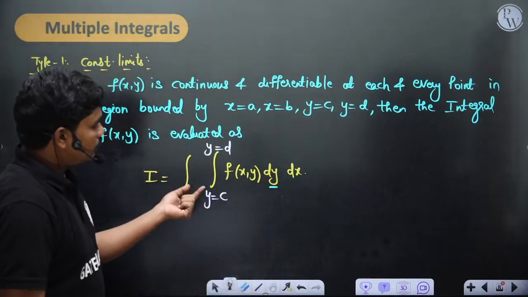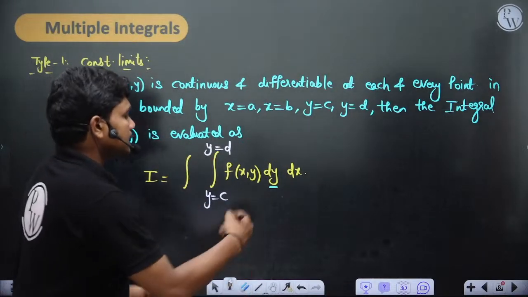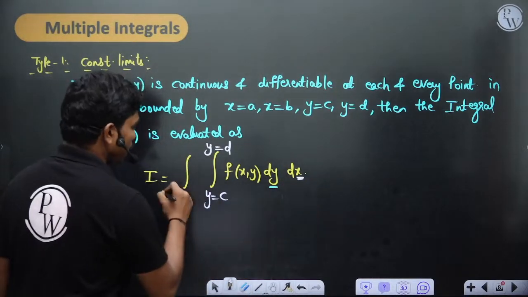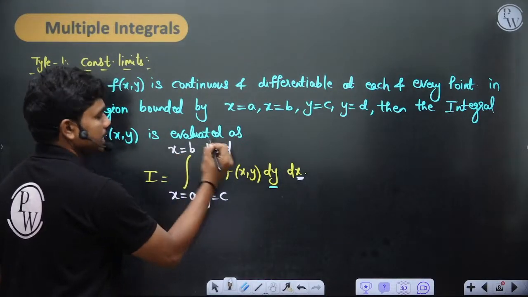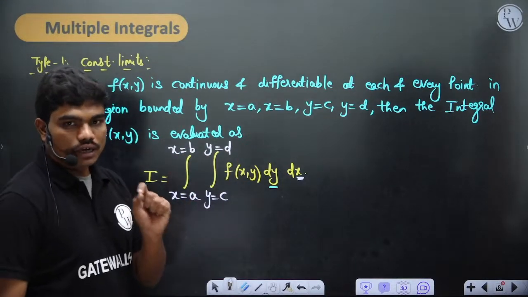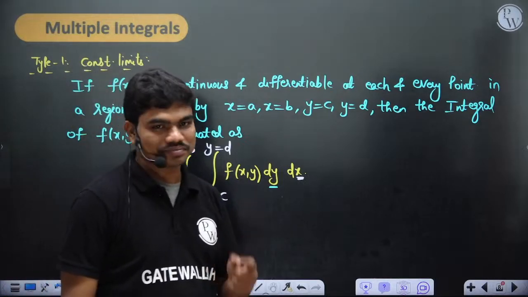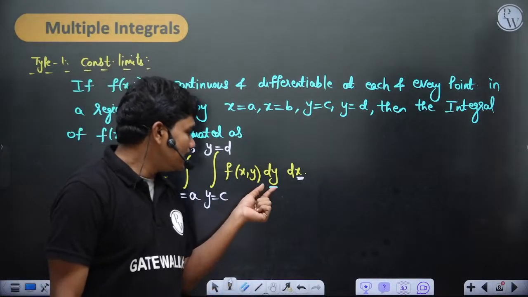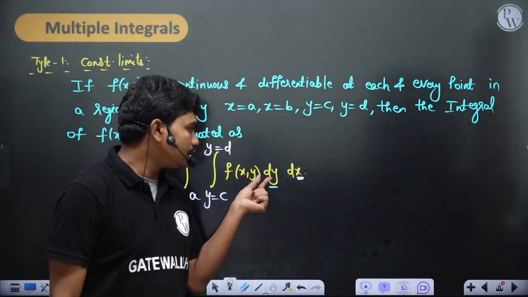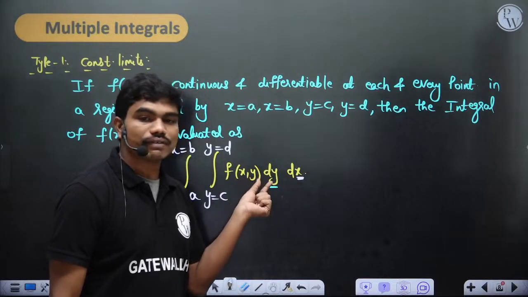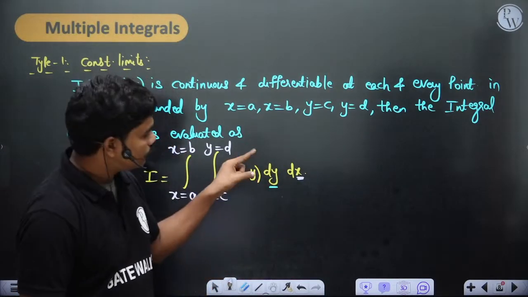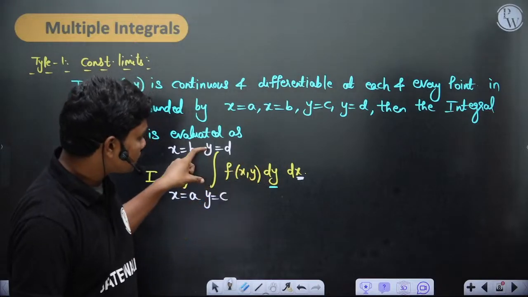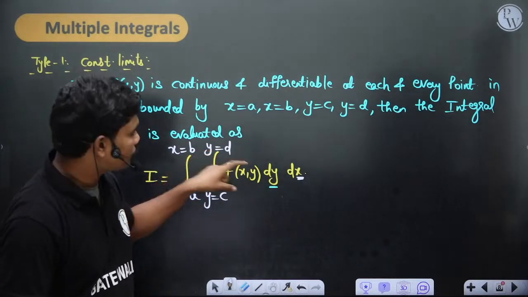So y equal to c and y equal to d, and the second integrating variable is x. So the outer integral has the limits x equal to a to x is equal to b actually here. The element which is immediately after the function is the first variable of integration. So the inner integral limits should be the limits of the same variable.